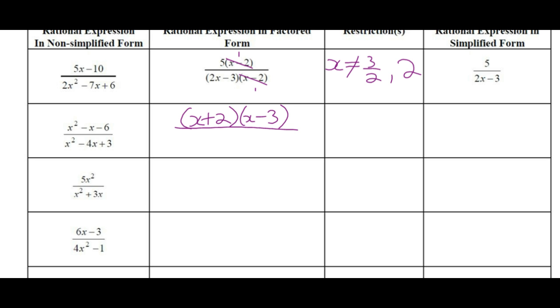Now, one of those guys is going to be on the bottom. Which one? It can't be the x plus 2, because there's no way to get a 3 out of a 2. So I'm going to have an x minus 3. If x minus 3 is the factor, then how do I get an x squared? What has to go here? x. How do I get negative 3 times what is going to give me positive 3? Minus 1.